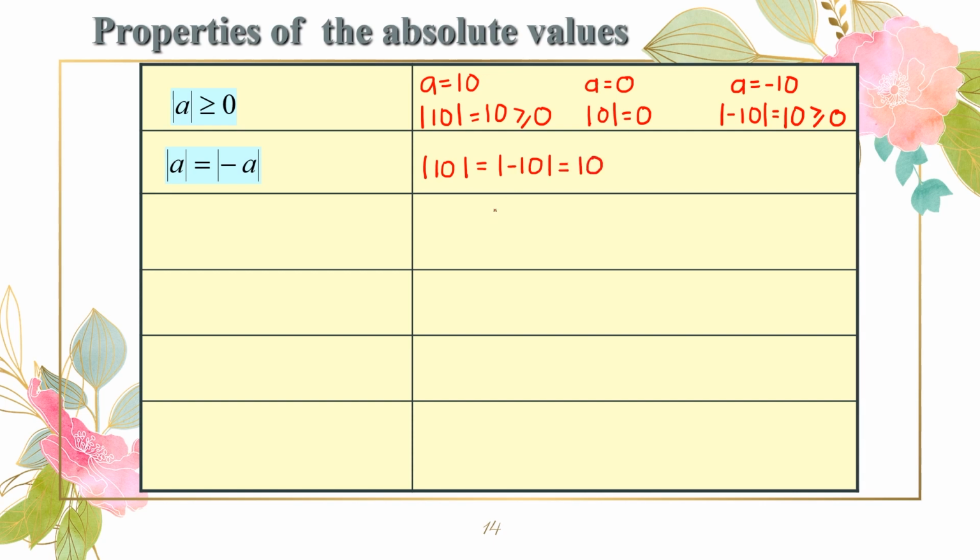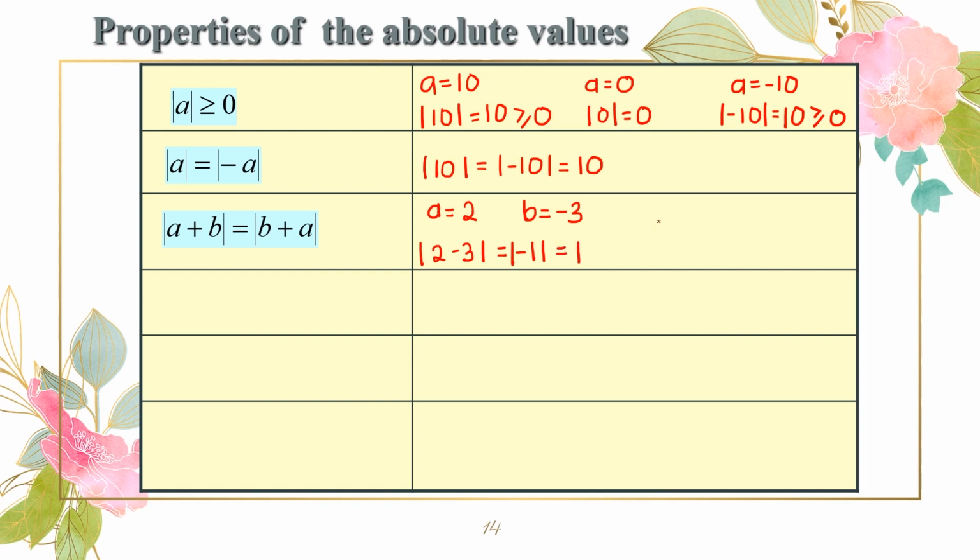Alright, let's look at the third properties. The absolute value of a plus b is equal to b plus a. For example, let's say a equals to 2, and b, let's say, negative 3. So 2 plus -3, if we put absolute values, will give us -1, which is equivalent to 1.